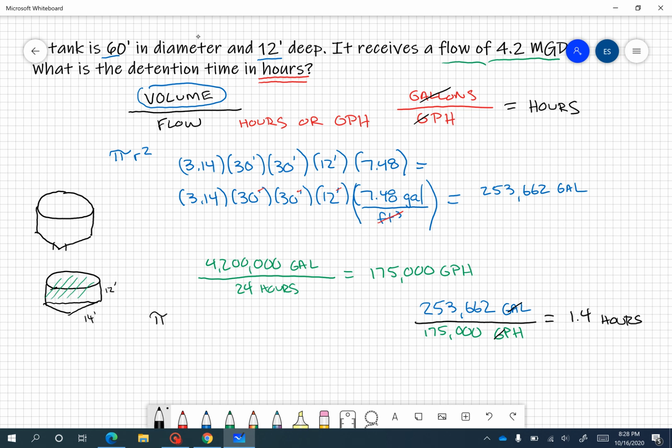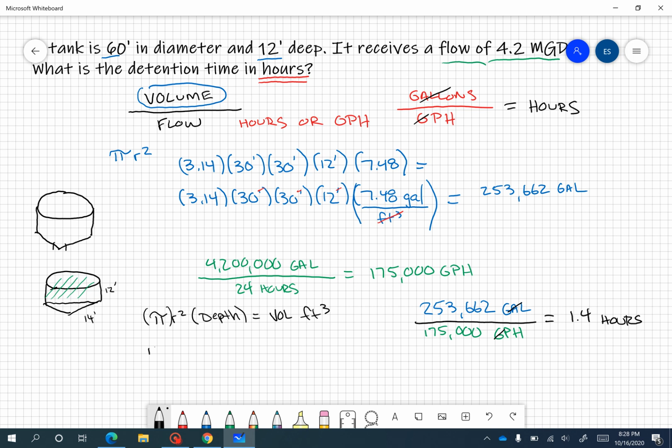Pi times radius squared times the depth of the tank. Going to give us a volume in cubic feet. Now what about the cone? Well, the top of our cone has the same surface area as the top of the tank.